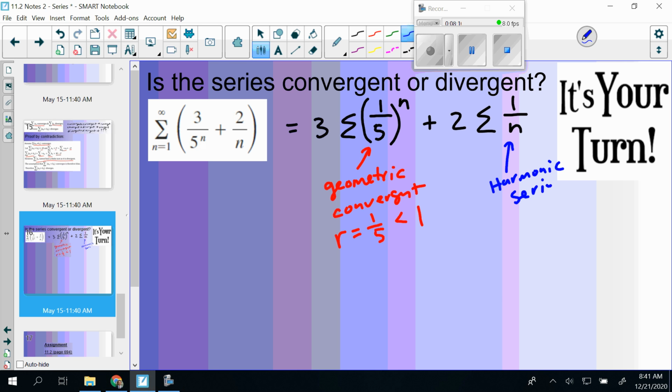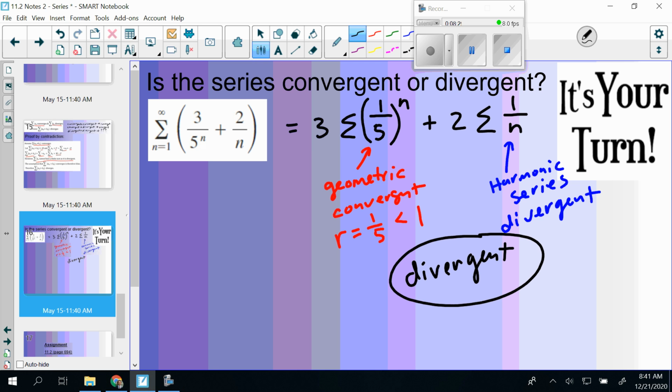And we know the harmonic series is divergent. We looked at that test earlier. So here, if we're adding a convergent and a divergent, we know that this sum is going to end up being divergent. And so we can say this whole series should be divergent because we're adding a convergent one and a divergent one.